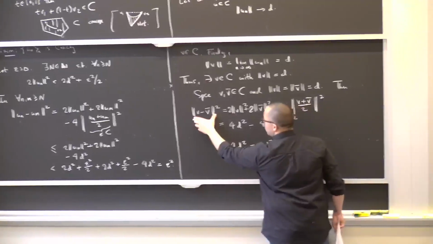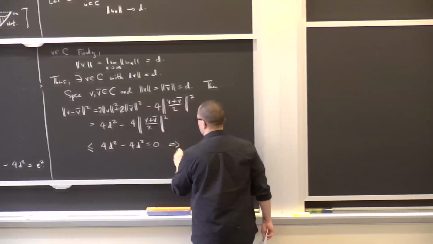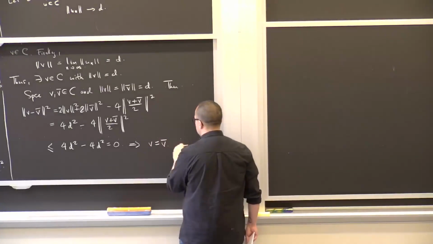And therefore, this norm squared has to be 0, i.e., V equals V bar.